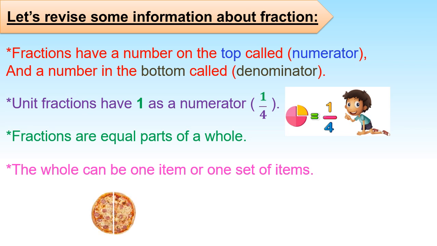If we have one pizza and we divide it into 2 equal parts, or 3 equal parts, or 4 equal parts, this is a whole, and this whole is one item only. But if we have a set of fruits or a set of apples, this is also called a whole, but here the whole is a set of items, not only one item.